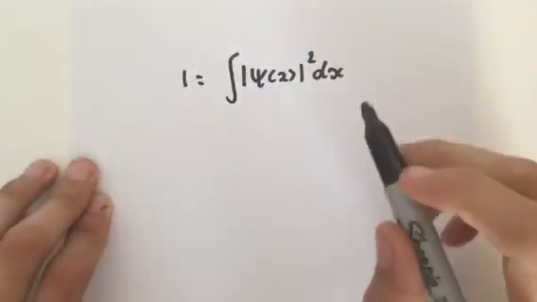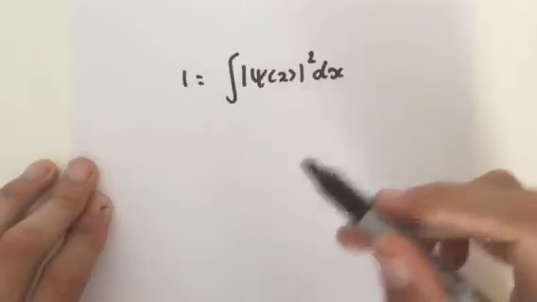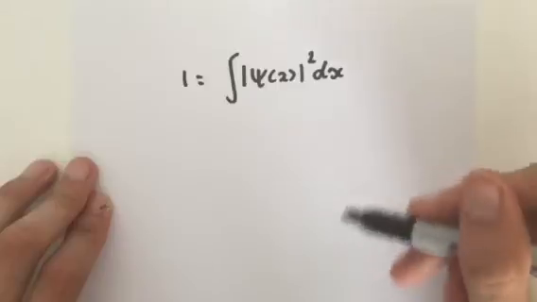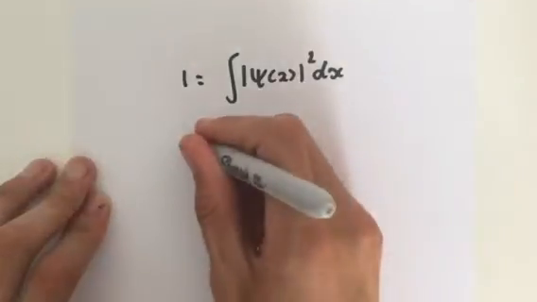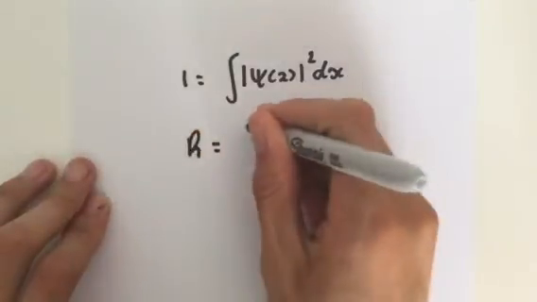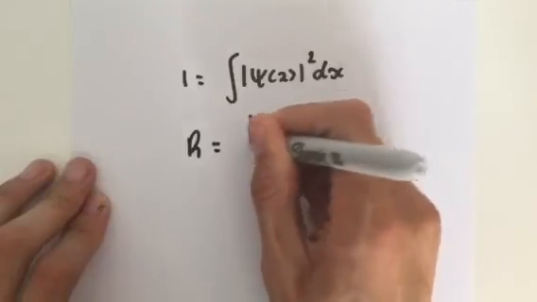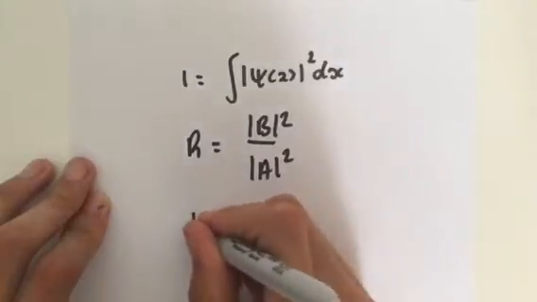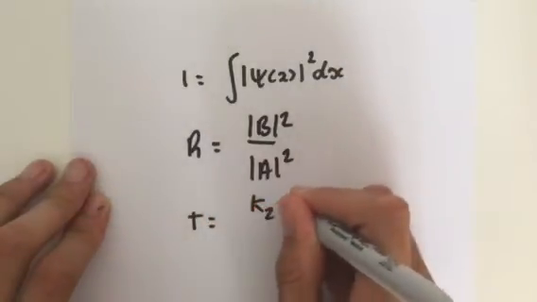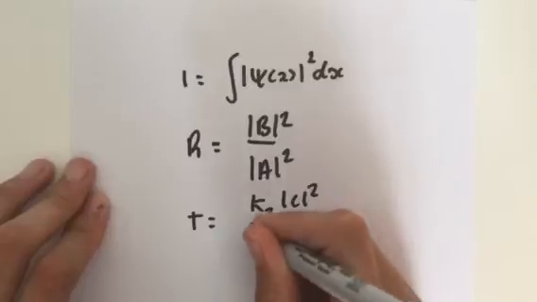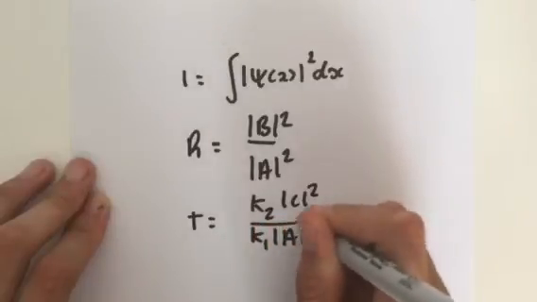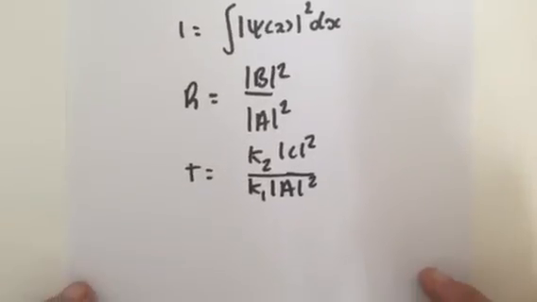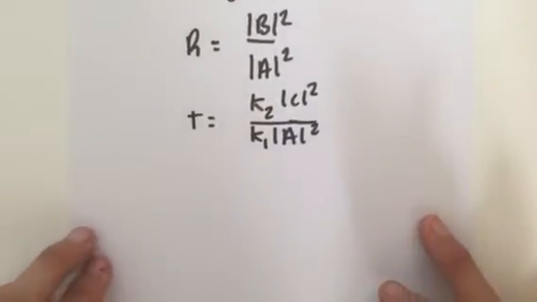But you don't actually need A, because it drops out of the ratios for the reflection and transmission coefficients, R and T. Remember, R is equal to B squared divided by A squared. That's what we did in the last video. And we had T equal to k2 C squared divided by k1 A squared. We don't need A because they simply cancel each other out.